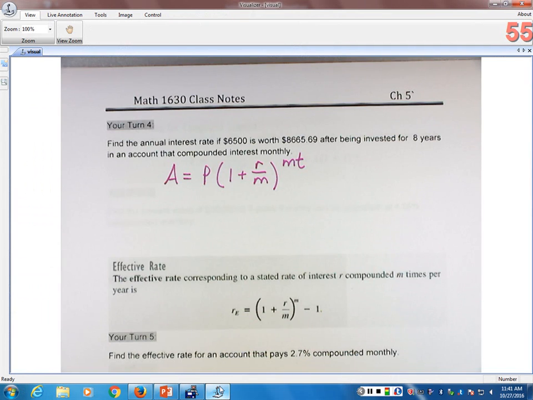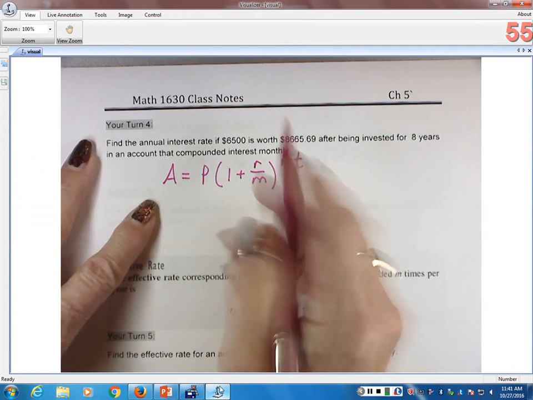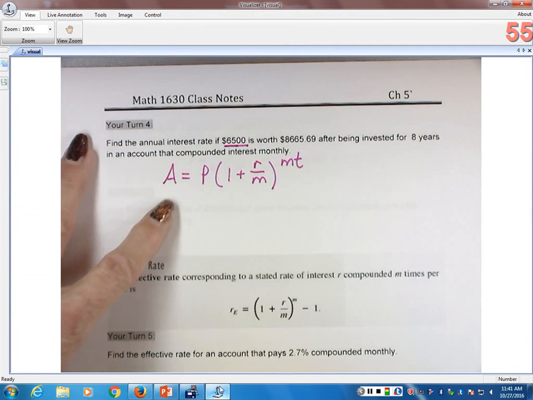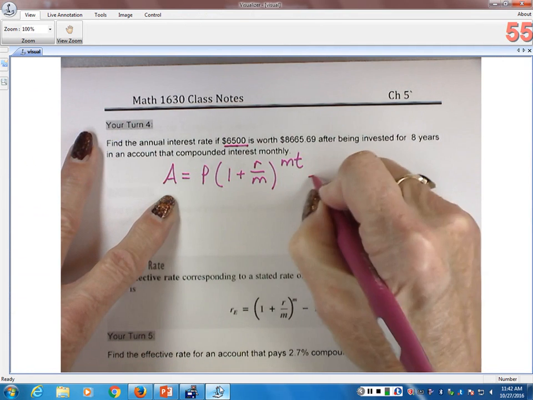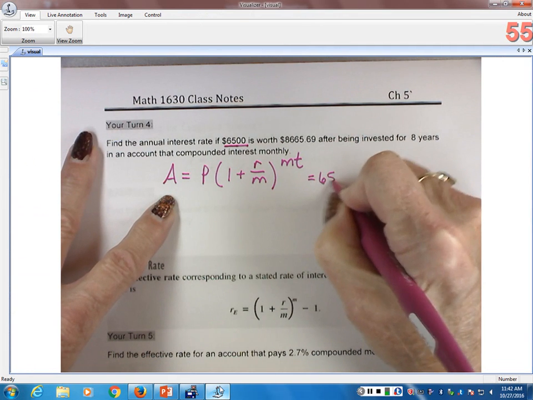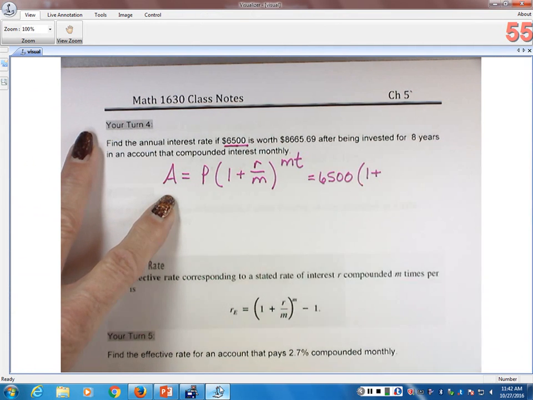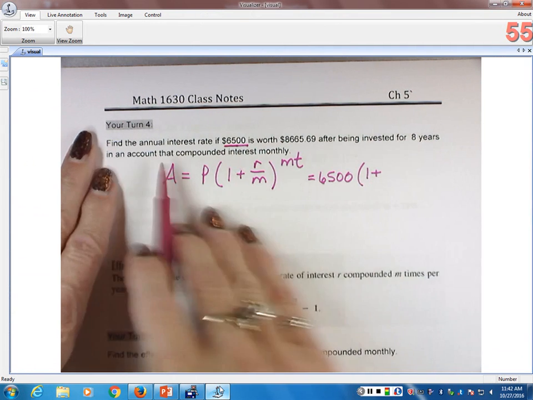So here's our formula. The principal value or the present value is $6,500 times 1 plus the annual rate, which is what we want to find.